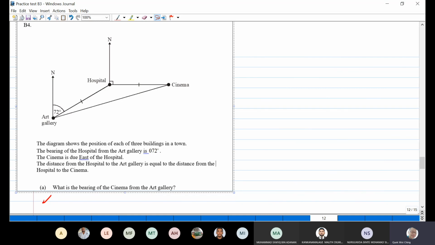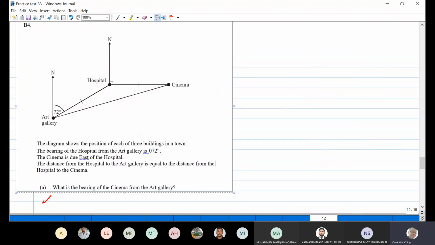B4 is about bearing questions: bearing, angle of elevation, all these things. In the process, they give you information one at a time. You look at the information one at a time, and then answer the question.